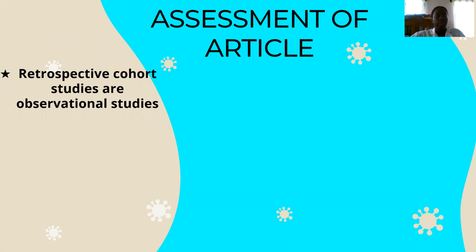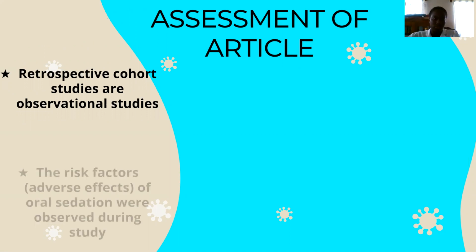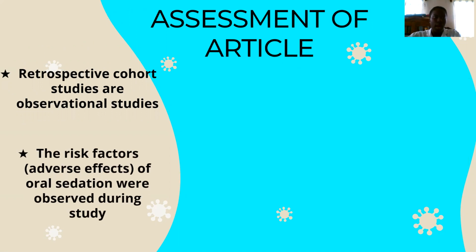So retrospective cohort studies are observational studies, as was said in the beginning. And with retrospective cohort studies, you follow a large group of people over an extended period of time to see how an exposure or an intervention will affect a certain outcome that is being investigated.